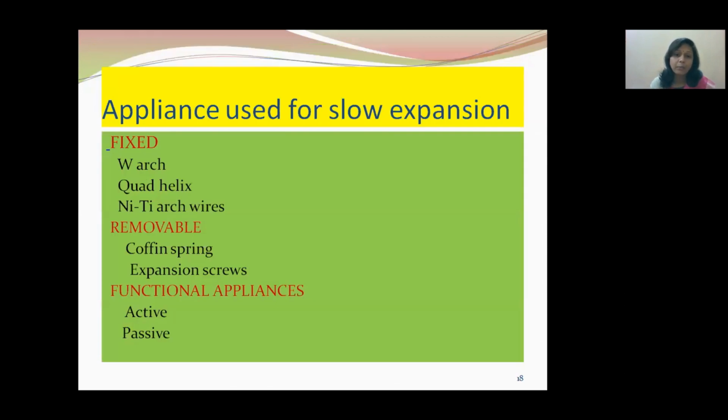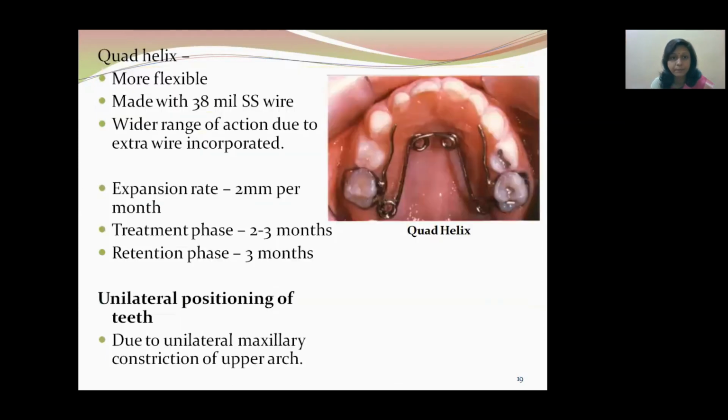Appliances which can be used for slow expansion, among the removable, are the coffin spring or expansion screws, which we talked about. Among the fixed are the W arch, quad helix, and nickel-titanium archwire, and among the functional appliances, various appliances which can produce both active and passive expansion of the dental arches. If we talk about the quad helix, it is a more flexible appliance than the W arch.